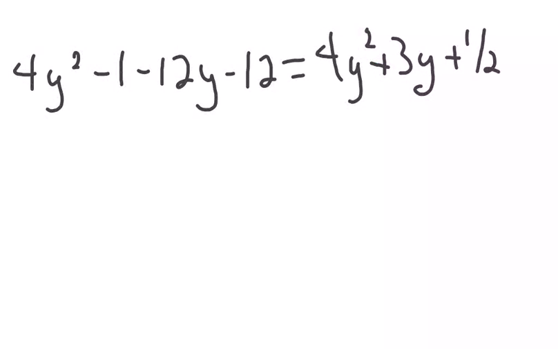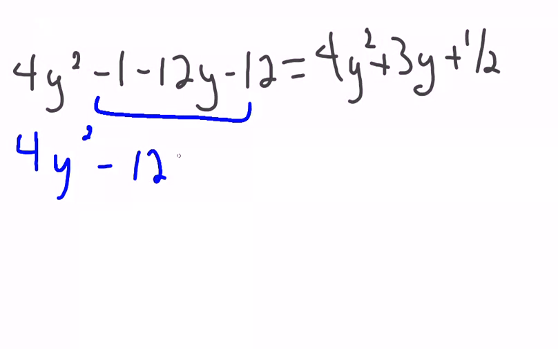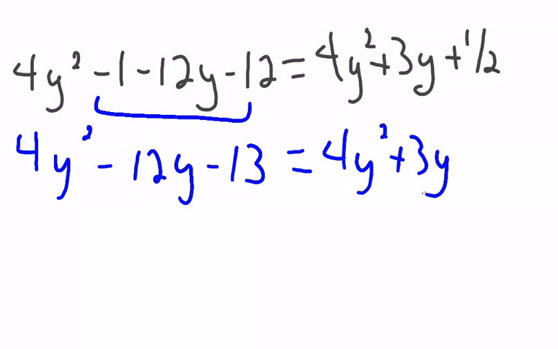Now we need to combine like terms. So these are like terms, and that's about it. So 4y squared minus 12y minus 13 equals 4y squared plus 3y plus 1/2.